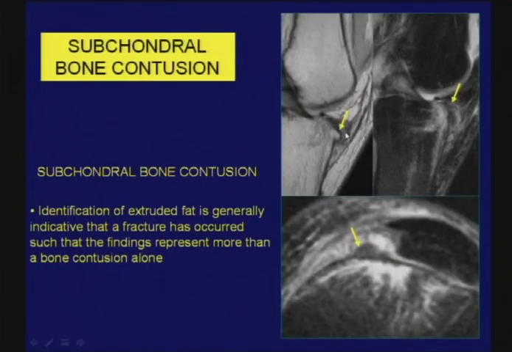If you identify extruded fat following an injury to the subchondral bone, as shown here, and as the dark signal here on a transverse image, you have a fracture, because the fat has gotten out from the marrow cavity through the defect within the bone.